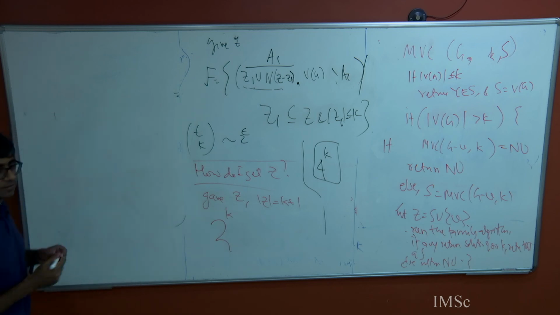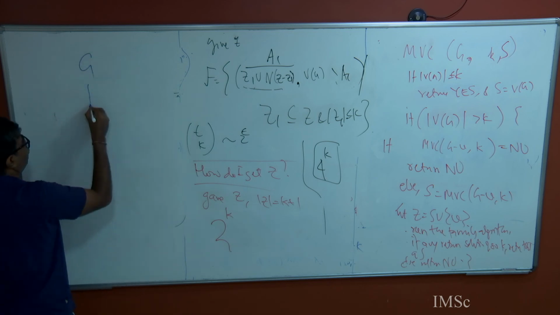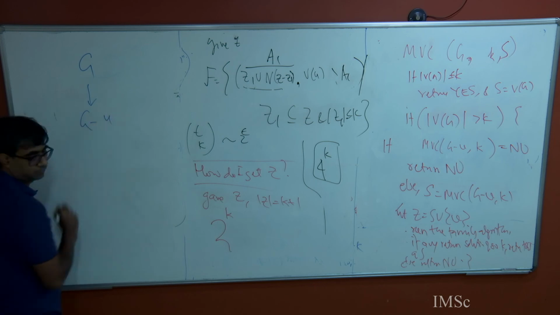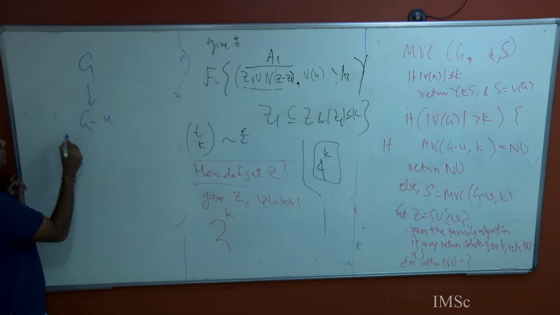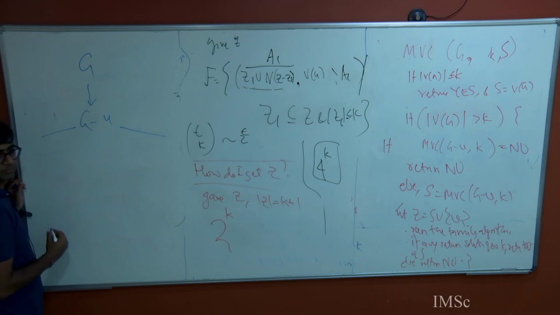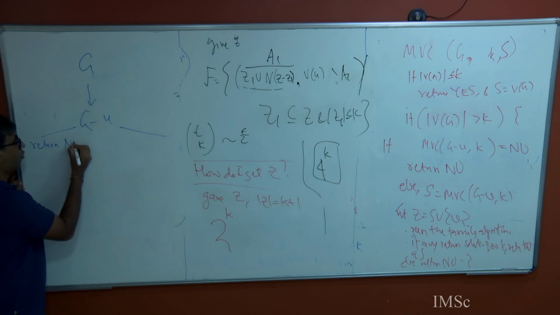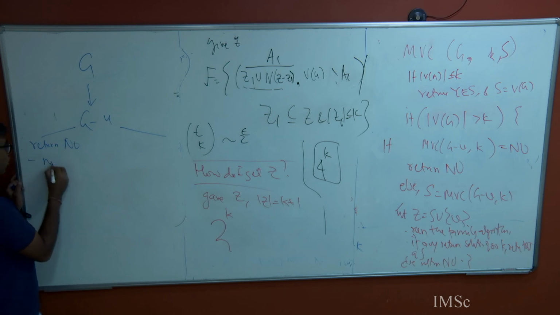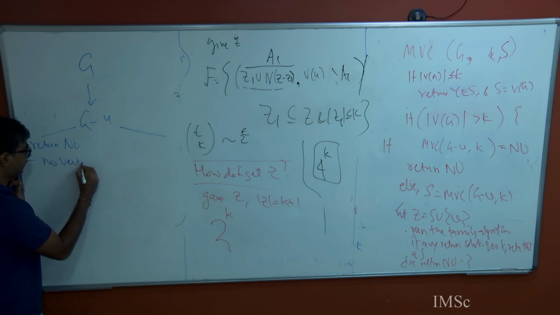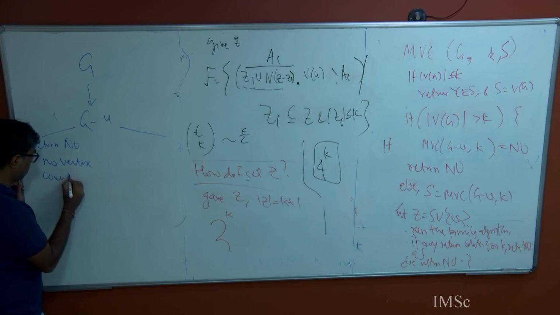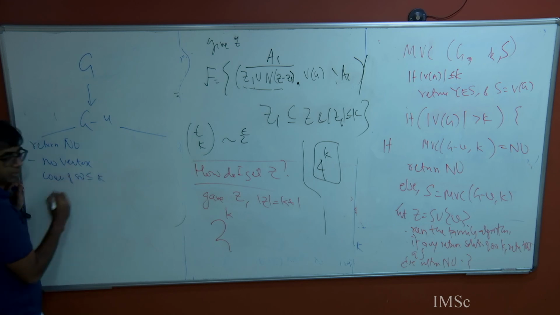So what does G do? G calls its algorithm on G minus U. Now G minus U returns two things. It returns no, meaning no vertex cover of size at most k.